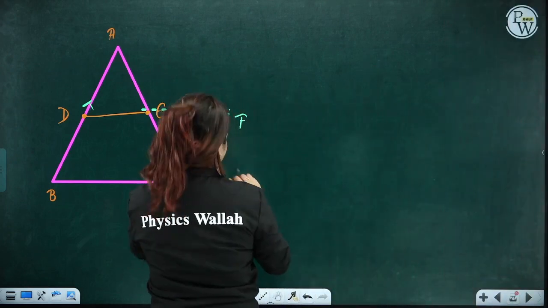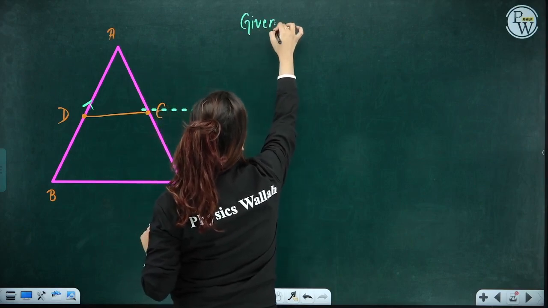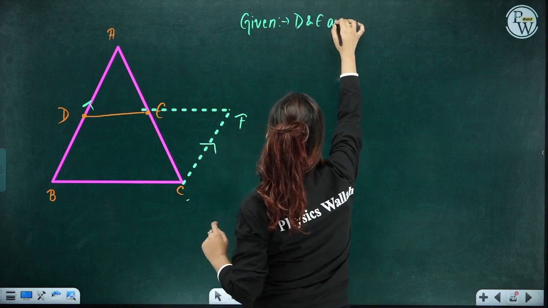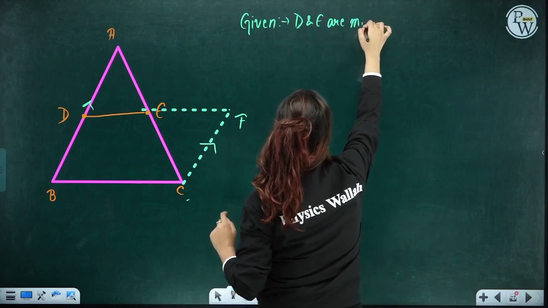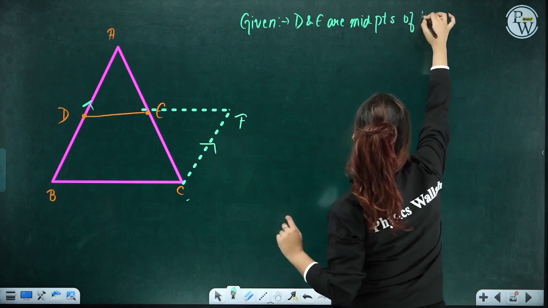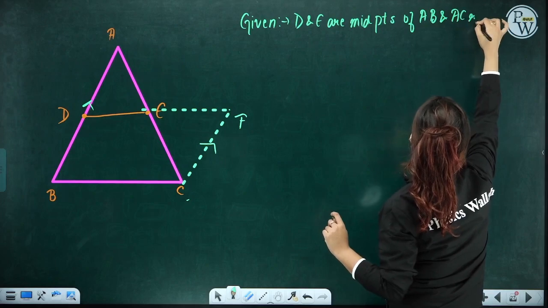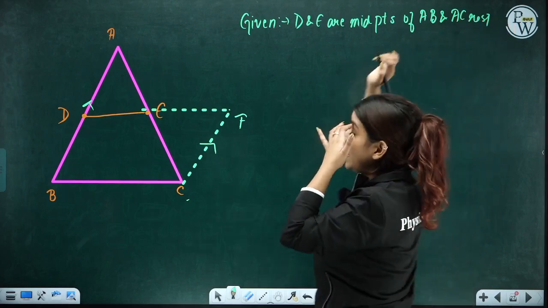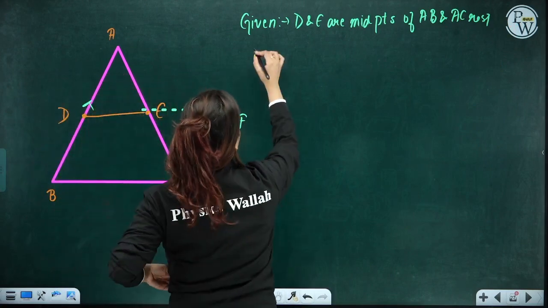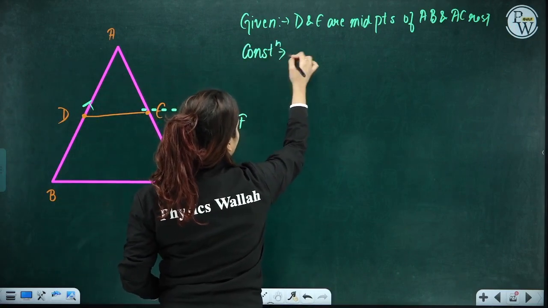So, first of all, let us write down what is given to us, right? What is given to us, students, is that D and E are the midpoints of AB and AC respectively, right? The next thing that we are given is that we have done a construction. Now, what is the construction that we have done?